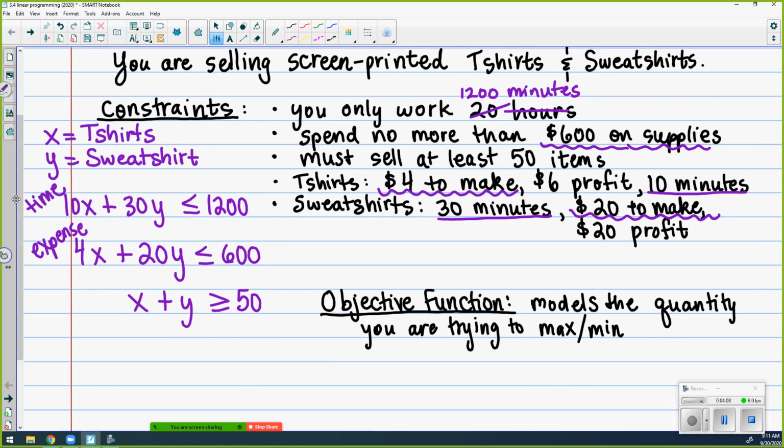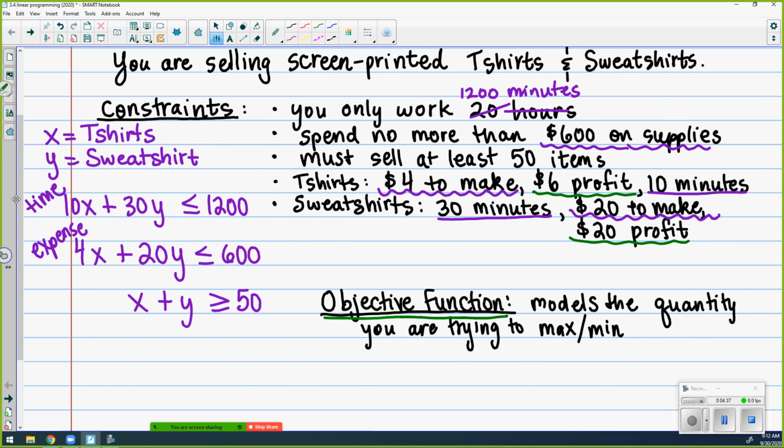All right, now I haven't done anything with the profit. I don't know how much profit that I want to make. I know that t-shirts are going to give me $6 in profit and sweatshirts $20 in profit. I'm going to go ahead and underline that, maybe in a different color. And then let's talk about the objective function. So the objective function models the quantity that we're trying to maximize or minimize.